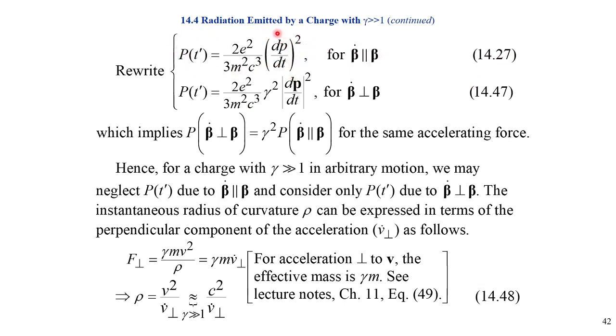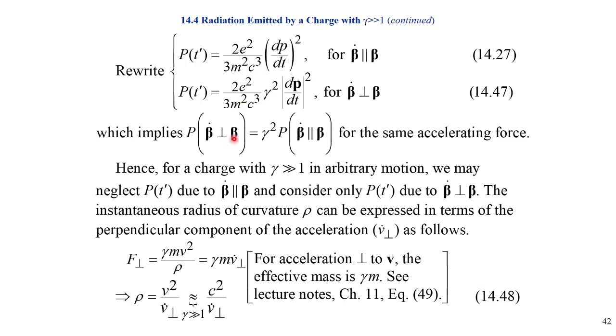It depends on the change of p. However, for equation 14.47, we know p from the viewpoint of the particle, we have a gamma squared. We have a gamma squared. And compare with this one.